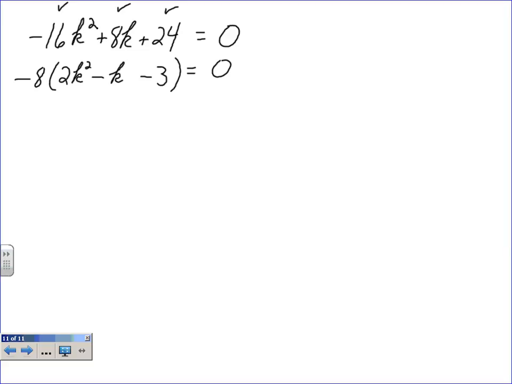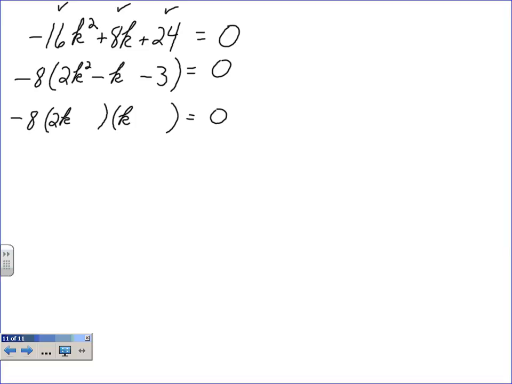What are we going to do with the negative 8 out there? We're going to leave it out there. That's not going to help us at all right now. So negative 8, it stays there. It's still there. And now I'm going to put my 2 parentheses. All right, and let's factor what I have left there. Well, for 2k squared, I don't really have a choice. It's going to have to be 2k times k.